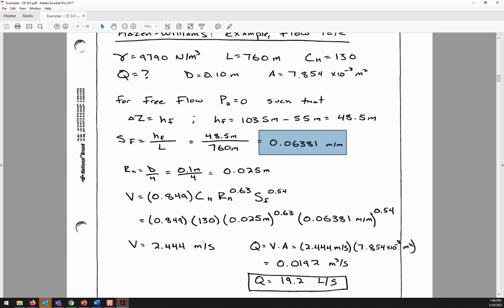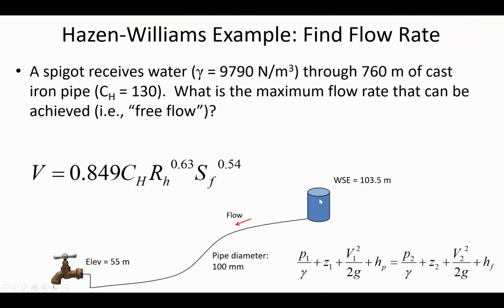And so the response of the system, if the tank is raised, so if you are doing a design and you decided to put this water tank higher on a hill or lift it up above the ground elevation even further, then that would increase the flow rate that's going to be able to go through the pipe.